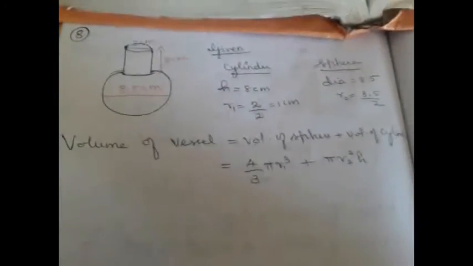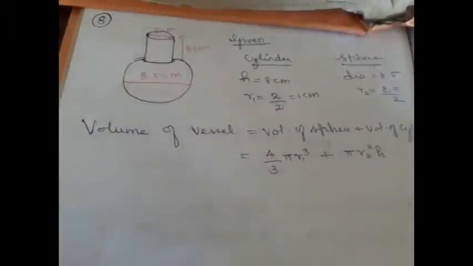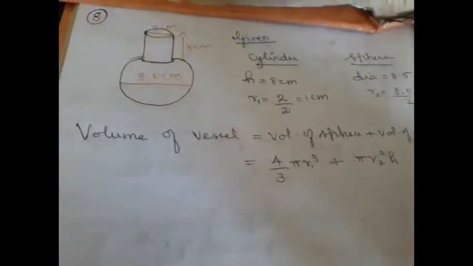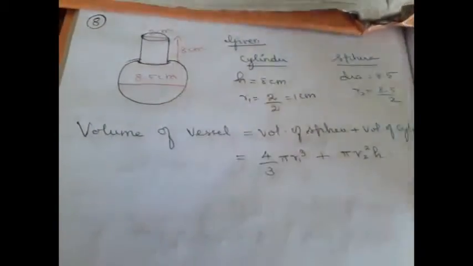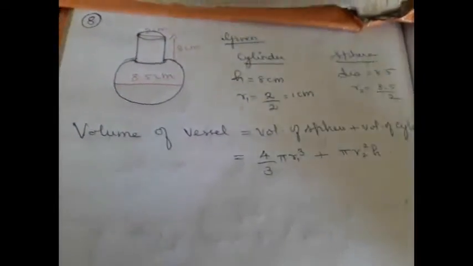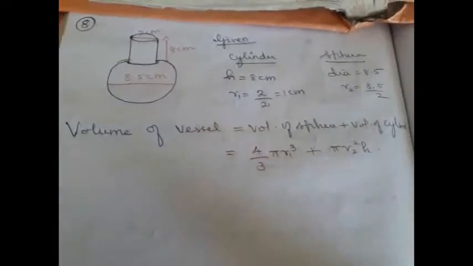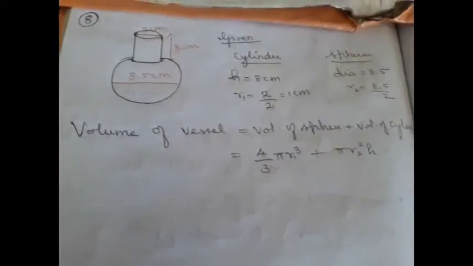Nothing else. And you should be good in your manipulating skills. Calculations you have to be good, because it involves a lot of calculations where you have to multiply, add, divide, all those things you have to do. So if you are good in your calculation skills and if you know by heart all these formula, you can very well get through this chapter.